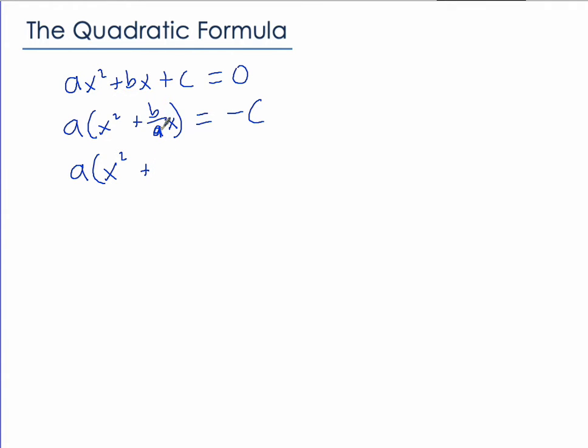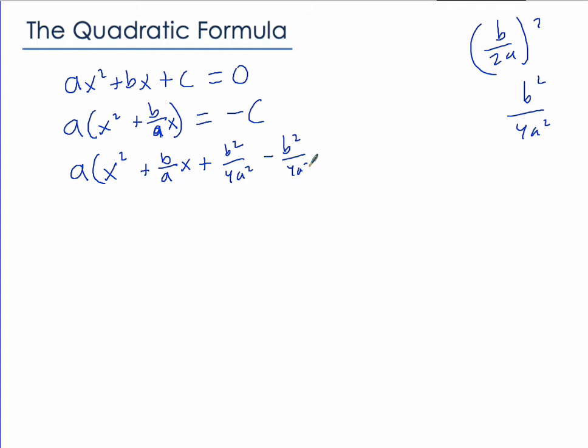Half of that squared is going to be b over 2a, squared, so that's b squared over 4a squared. We add b squared over 4a squared, then minus b squared over 4a squared to counteract it, equals negative c.